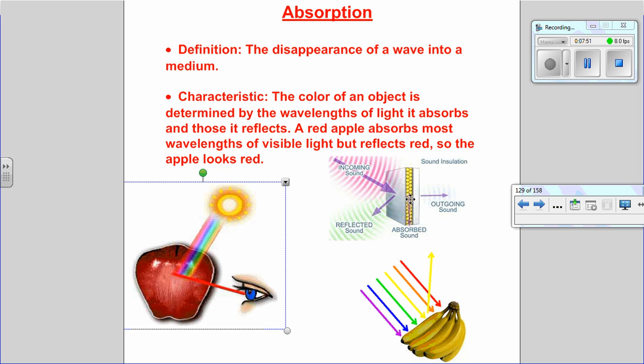And you may not be able to absorb all of the sound, because you can see in this picture that some of the sound gets reflected, and then you also have some sound that is outgoing sound. But you can see right here where the sound can be absorbed by this insulation. It's just the disappearance of a wave into a medium. So the medium will absorb that wave and it kind of just stays there, okay? That's what we call absorption of waves.